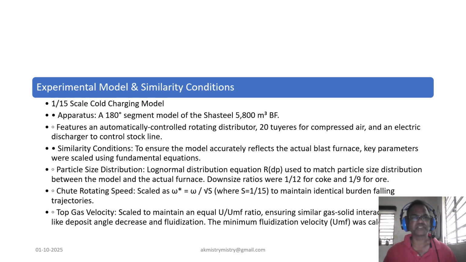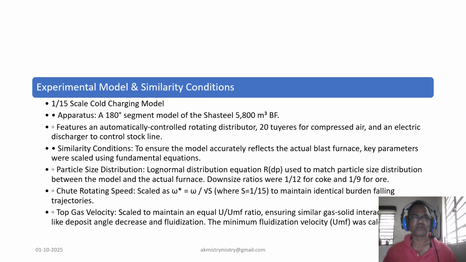First, particle size distribution. The particle size for coke and ore were scaled down at a ratio of 1 by 12 and 1 by 9 respectively, and the distribution was matched using the log normal distribution equation. Second, chute rotating speed. The speed was scaled to ensure that burden falling trajectories in the model were identical to the actual furnace.